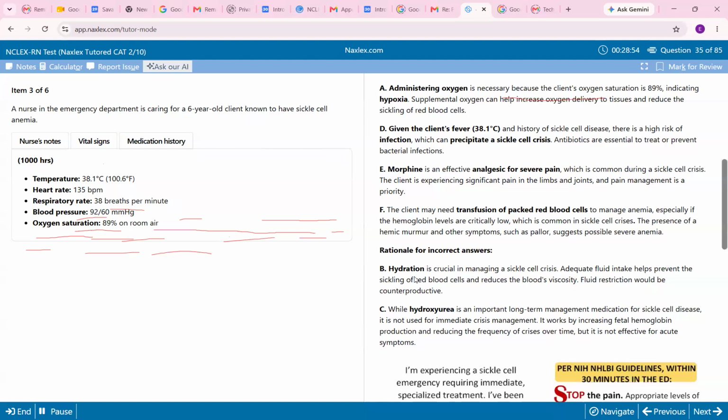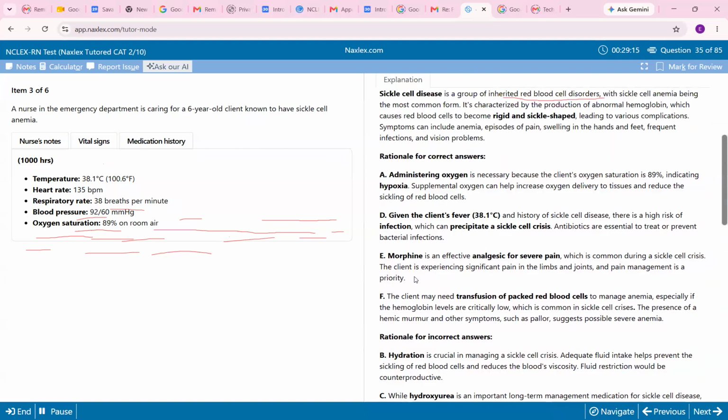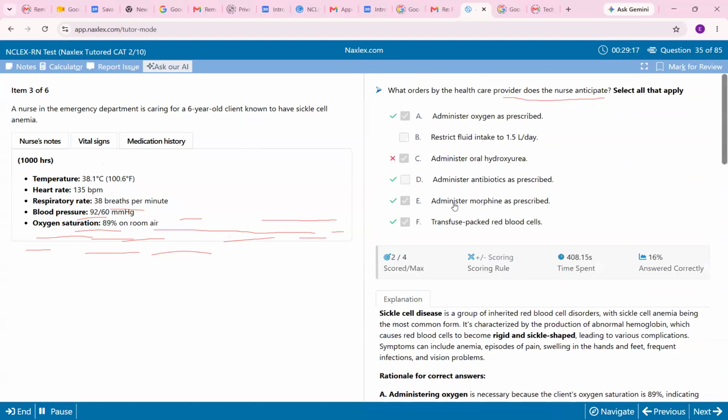Because when there is a sickle cell crisis, there is a pooling of the blood, and the blood concentration or viscosity can increase. That means there is resistance to the flow of blood through the blood vessels. So here we need to administer adequate hydration, not restriction. Okay, so that is the correct analysis.